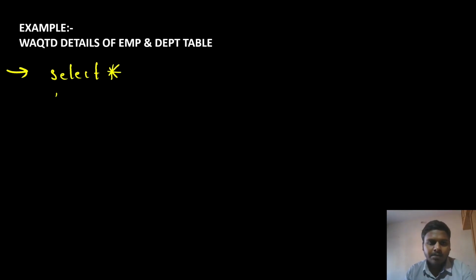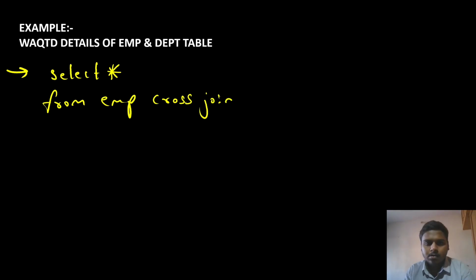Select asterisk from table name 1 cross join table name 2: from EMP cross join DPT. This is the only syntax, no need to remember anything else. If you want to try the Oracle syntax, it will work in the Oracle software: select star from EMP cross join DPT. That's all.